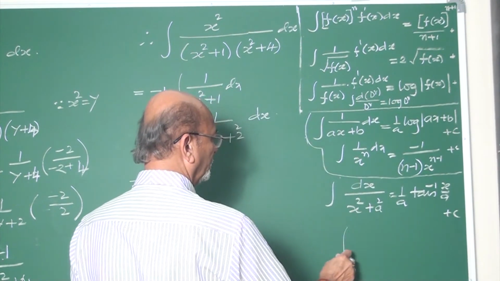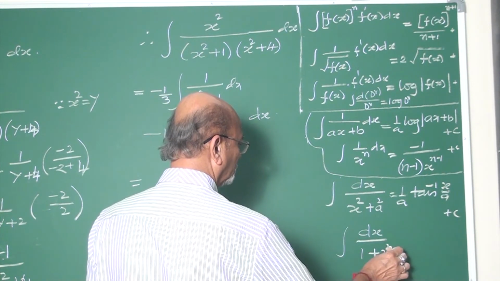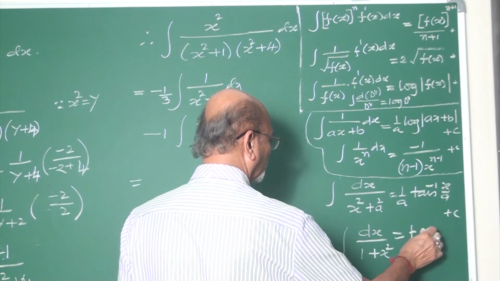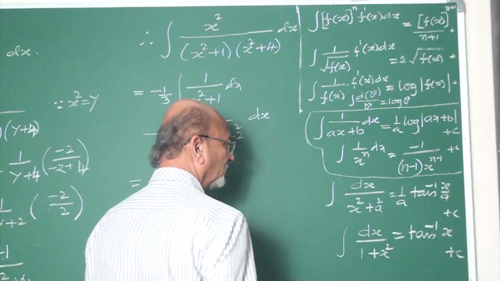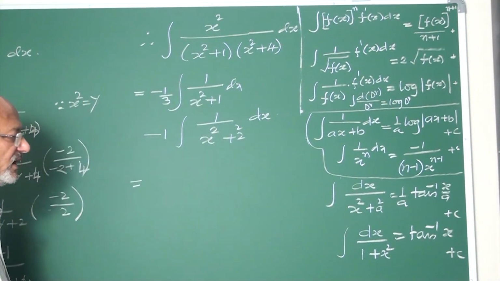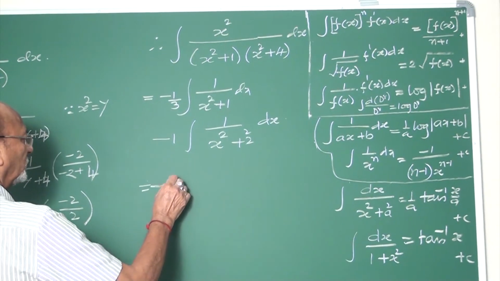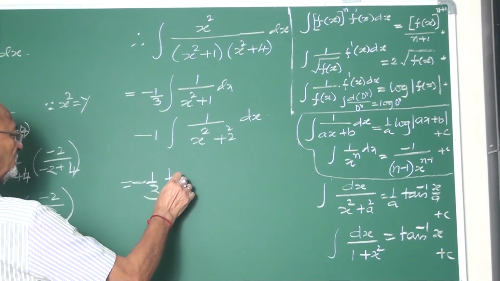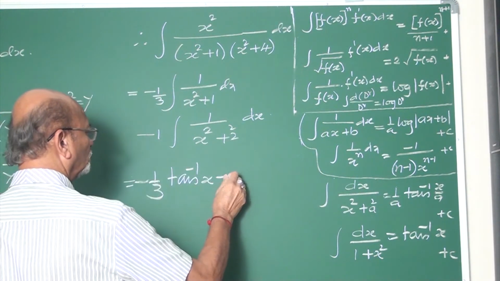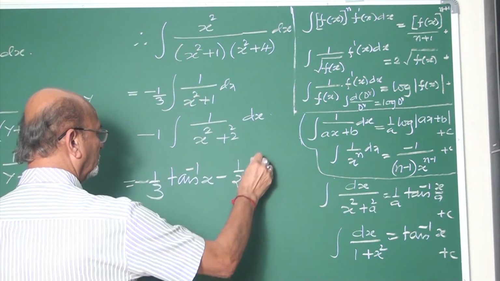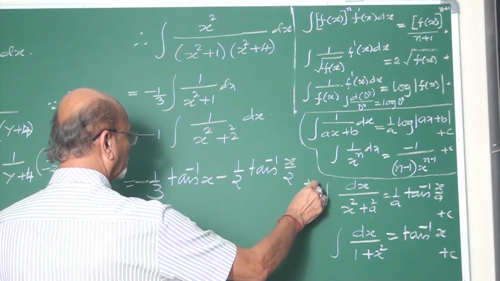If a is 1, it is the integral of 1 plus x square. A is 1. It is tan inverse x by a, x by 1 is 1. Applied, it is minus 1 by 3 tan inverse x minus 1 by a tan inverse x by a plus c.